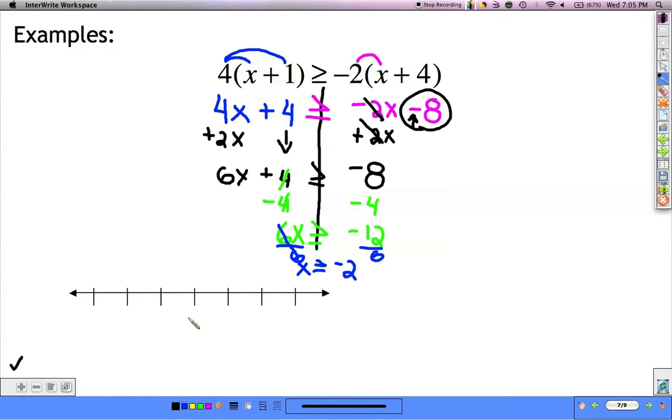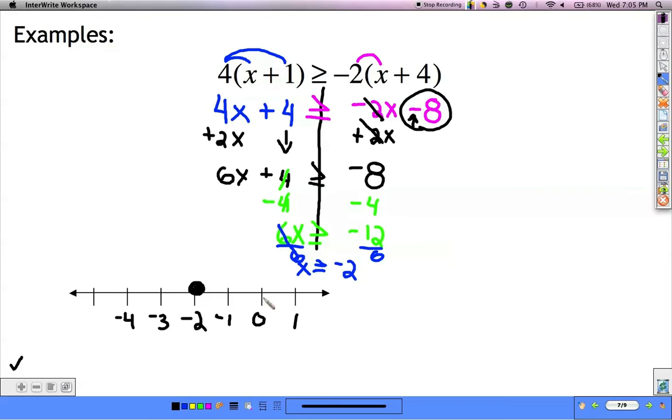To graph it, I'm going to put negative 2 in the middle of the number line. Values lower than negative 2 go to the left, and values greater than negative 2 go to the right. I want to put a circle above negative 2, and this time I want to fill it in.